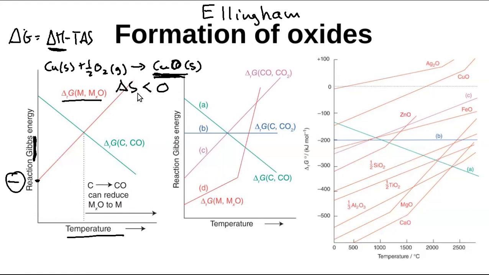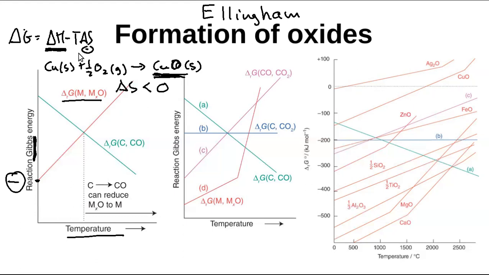This is strange. I mean, why is copper forming an oxide together with a gas? How come that gas can be consumed? Well, it's only because the delta H is very negative. If this is a negative value, the temperature is always positive, at least bigger than 0.